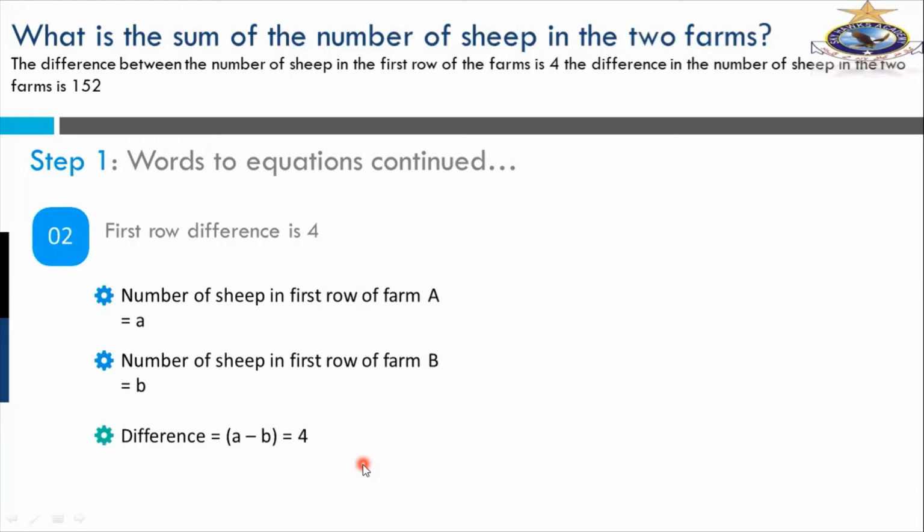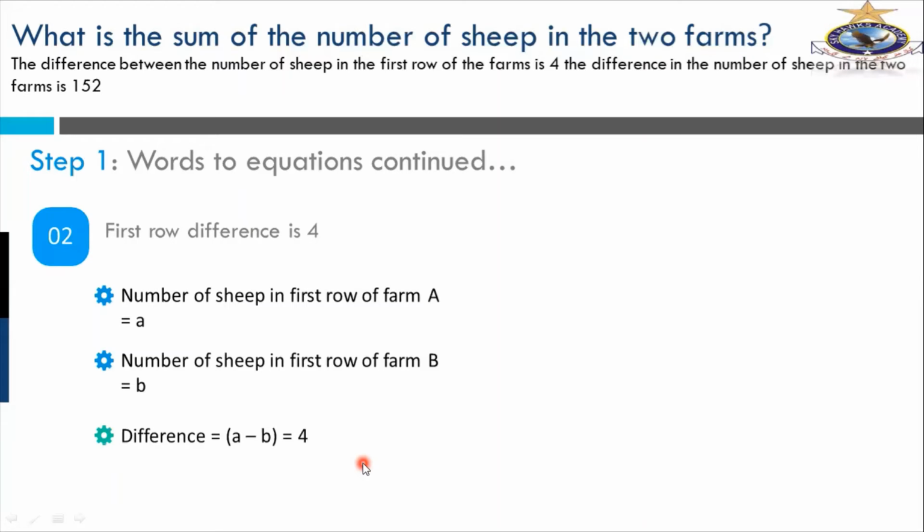What I am saying? So that's why A minus B is the difference of sheep in the rows of the two forms respectively. So A minus B is equal to 4. Okay, let's see the next.